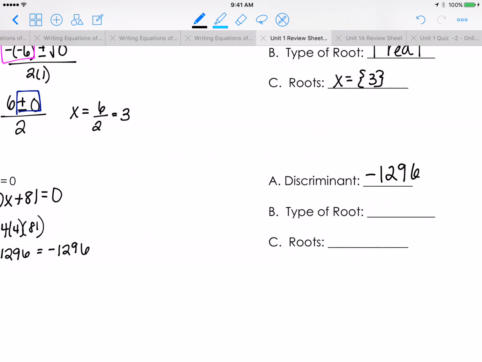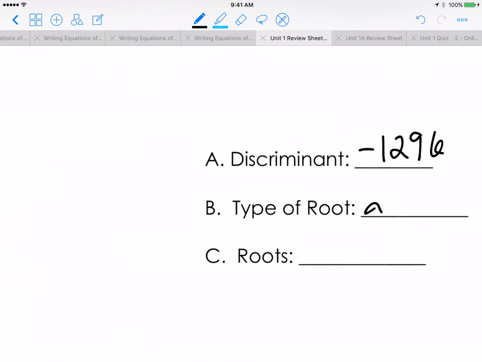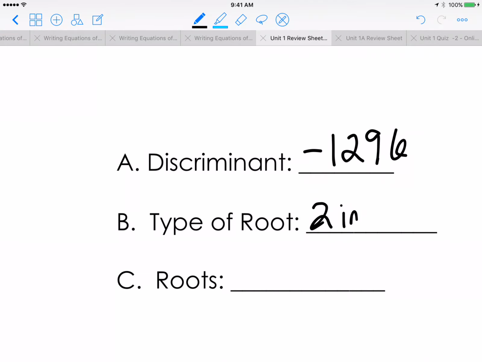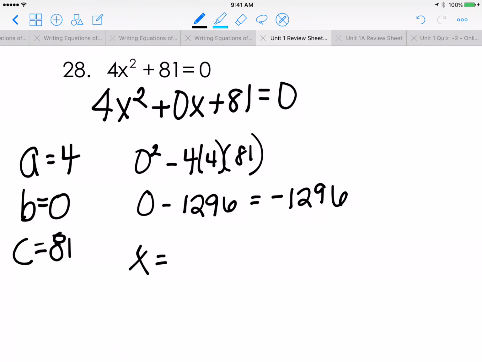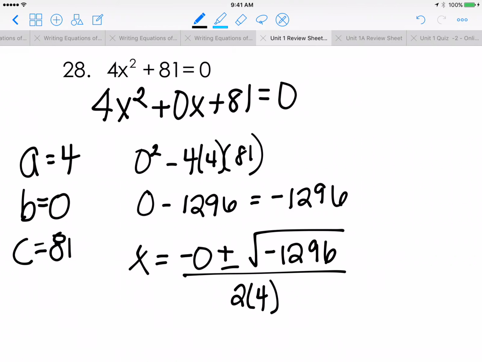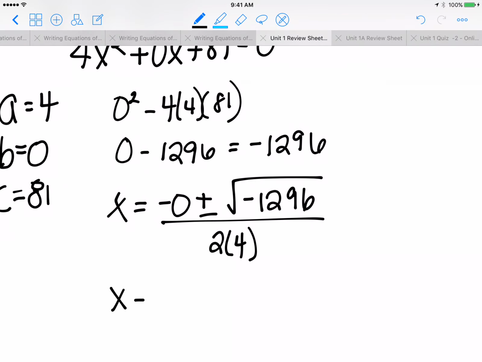And because it's a negative, that means I'm going to have 2 imaginary roots. So let's figure out what those roots are. We have x is equal to negative b, so it's minus 0, plus or minus, which does nothing, the square root of negative 1,296 all over 2 times 4. So you get x is equal to, well, we can leave that off because that does nothing, but a placeholder.